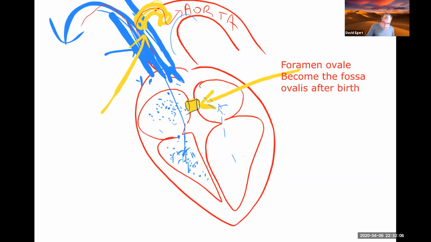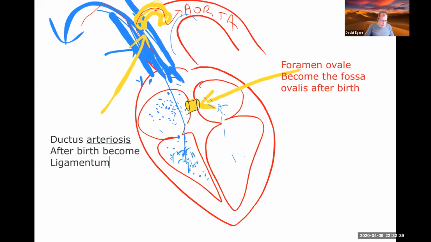That's called the ductus arteriosus. And that's again a short circuit that goes from the pulmonary trunk to the aorta. After birth, it becomes a little bit of connective tissue connecting the pulmonary trunk and the aorta, and it's called the ligamentum arteriosum.